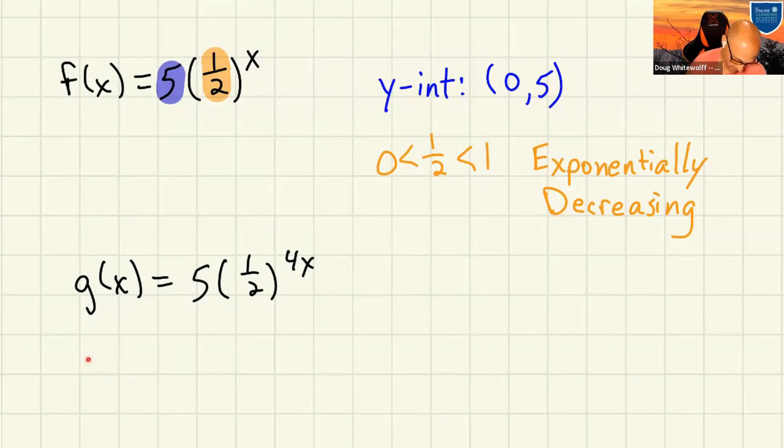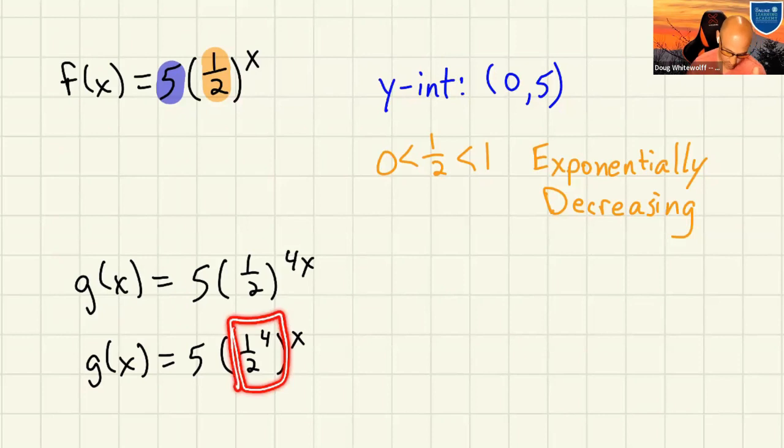We could rewrite this as g of x is equal to 5 times the quantity 1/2 to the 4th power to the x power. Now, I bet it's hard for you to think about, because it's hard for me to think about what this is. 1/2 to the 4th power. What does that mean? 1/2 to the 4th power.